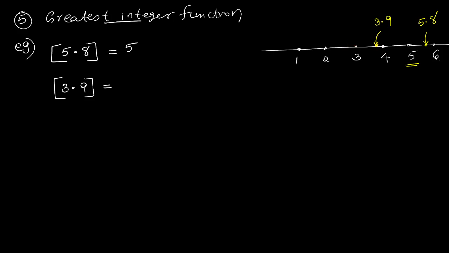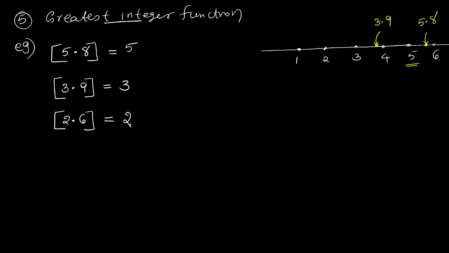The integer just before 3.9 is 3. In this way we will find it. So without even drawing the number line you can find it. 2.6. Without drawing, can I find its value? Yes. The integer just before 2.6 is 2.